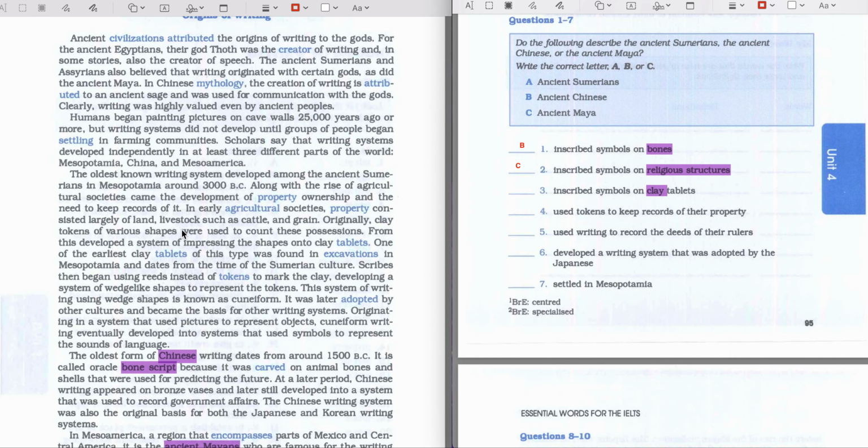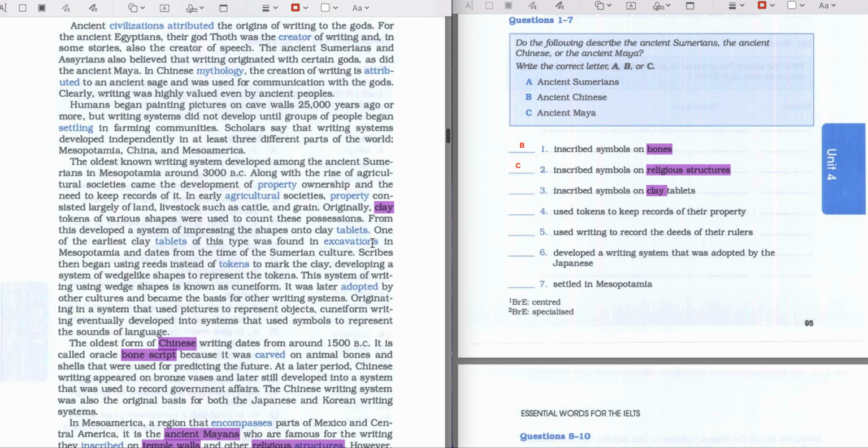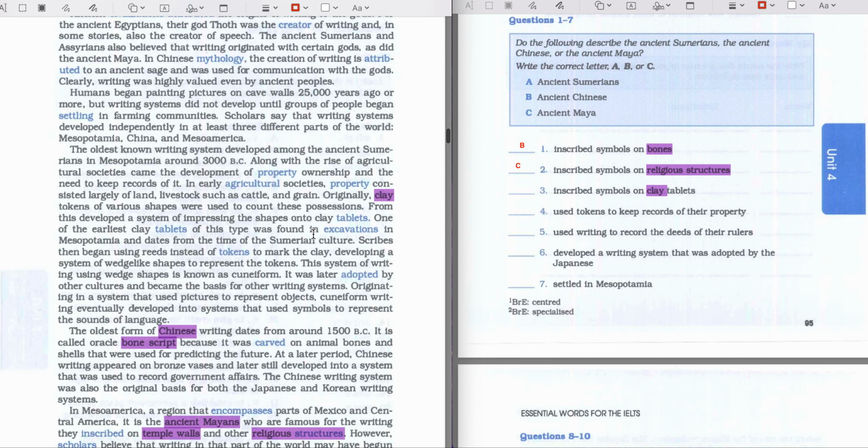So we have to find any information about clays. Here there was something about clay tokens, but we need clay tablets. So basically, who was working with this clay? It was the Sumerians. Originally, clay tokens of various shapes were used by them. Clay tablets, here we also see the word tablets.